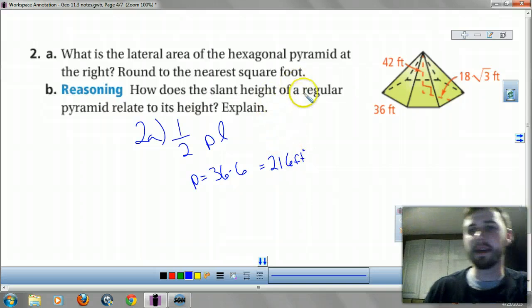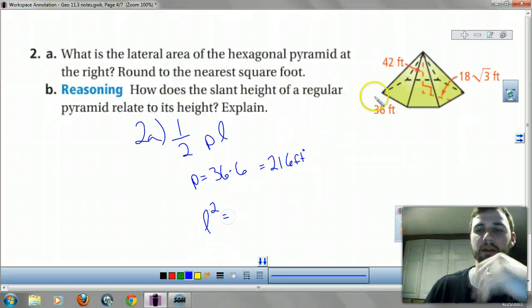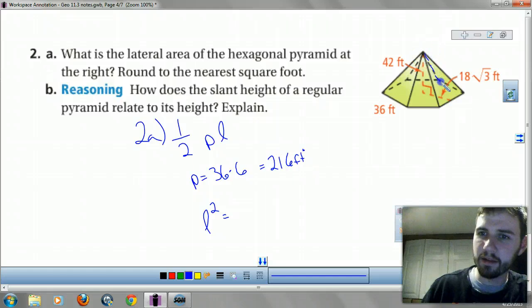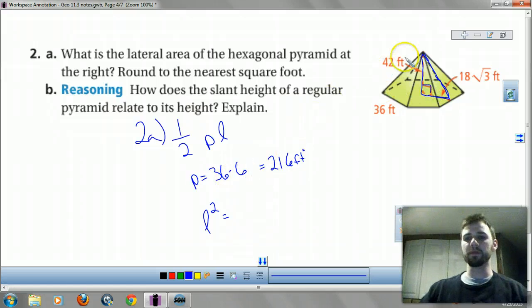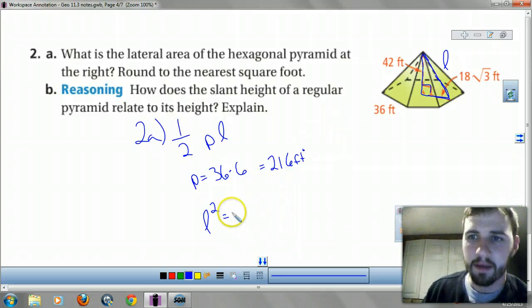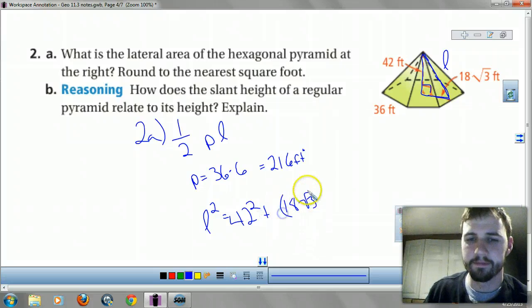Okay. Now my slant height is not given to me. So I have to find my slant height. Look, I can make a right triangle here. You guys see it? Where my slant height's my hypotenuse. So my slant height squared equals my leg squared plus leg squared. Okay?